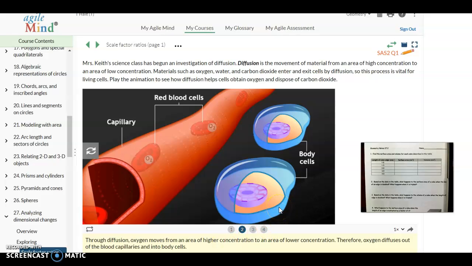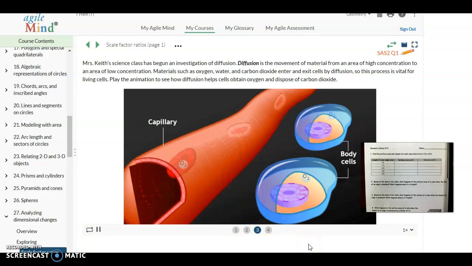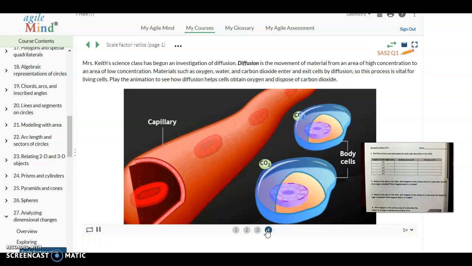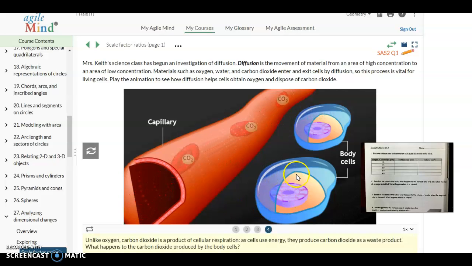So it's diffusing out of the blood capillaries and into the body cells. Here we can see the diffusion of the carbon dioxide going from the body cells into the capillaries.